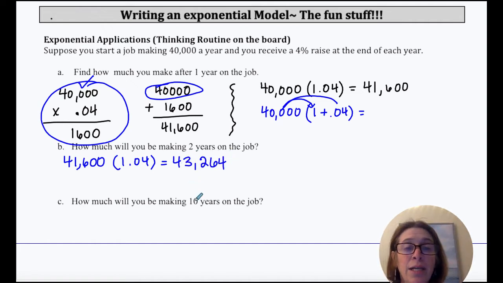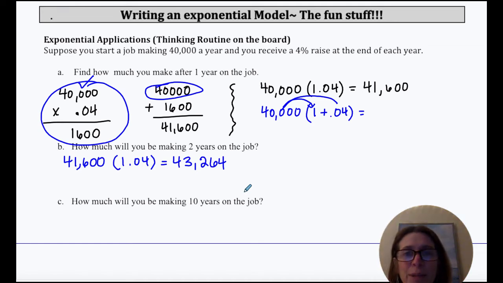Okay, so you need the first year to get the second year. So how much will you be making 10 years on the job? Well, wouldn't I have to do 3 years, and then 4 years, and then 5 years, and then 6 years, and then 7 years, and then 8 years, and then 9 years? I'd have to actually get the previous year to be able to get the next year.